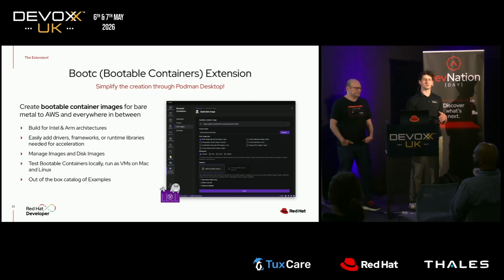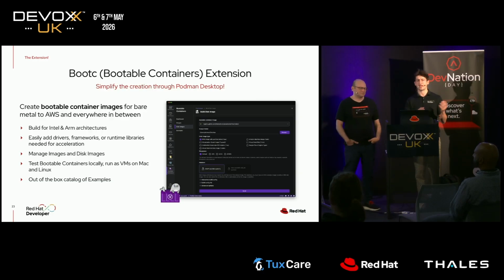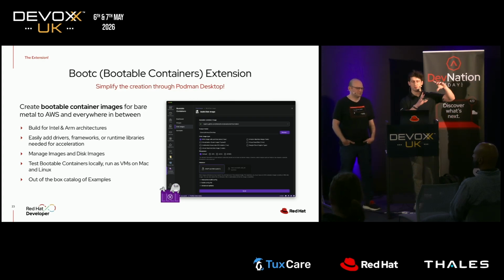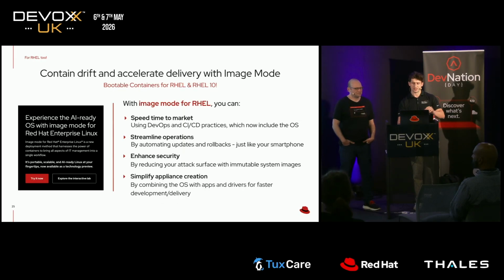It also allows you to run these virtual machines to test things before you deploy to maybe a cloud environment. And there are some examples as well. It's an open source project made for containers and Kubernetes, and this extension allows you to build these disk images from your container images that are bootc enabled.